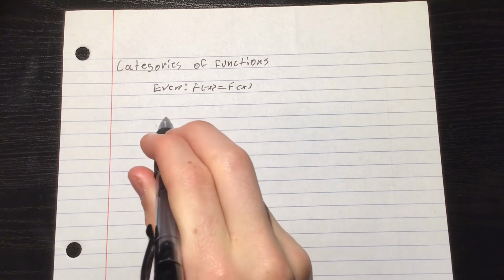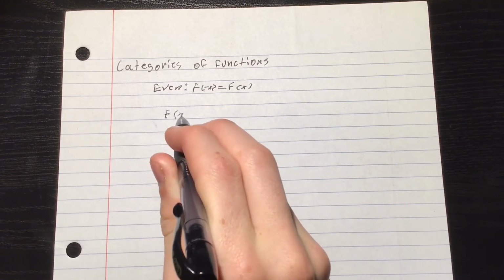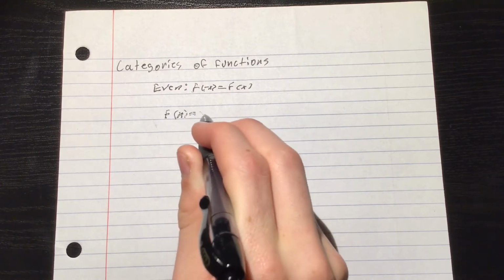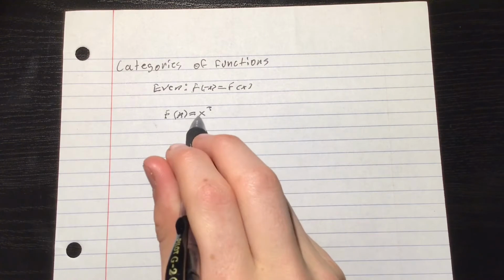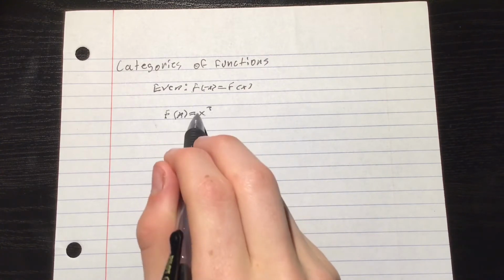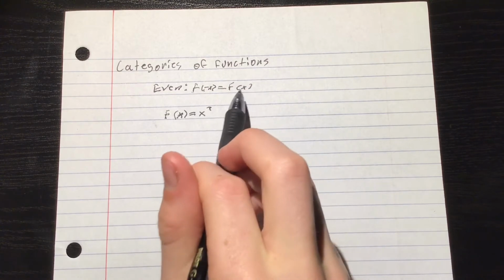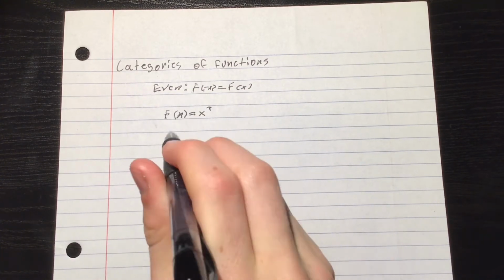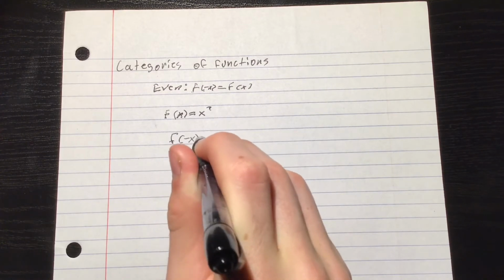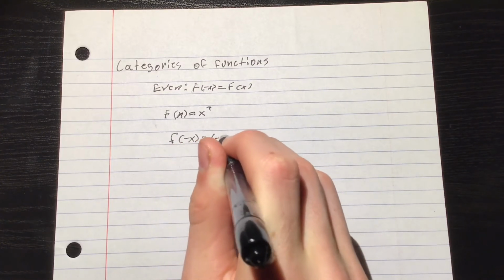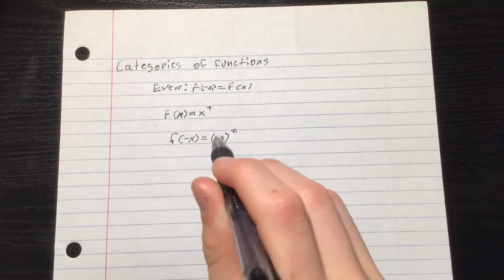So if we were to pick a function, see if it's even, f of x equals x squared. If I were to plug in negative x for every x I see, if this were an even function, I would get out the same function that I started with, f of x. So let's check. F of negative x would equal, so we look for every x, and for every x we see, we substitute in a negative x.